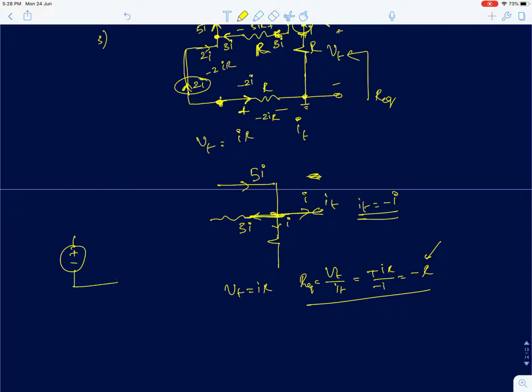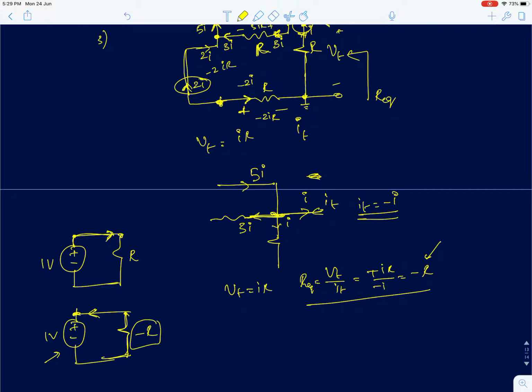For example, if I connect a voltage source, say a 1 volt source, across a resistance of value R, we know that the resistance absorbs power and the voltage source delivers power. Current is flowing from the voltage source into the resistance. But if you have a negative resistance, then current will flow into the voltage source. Rather, the resistance will now deliver power, and the voltage source will absorb the power.